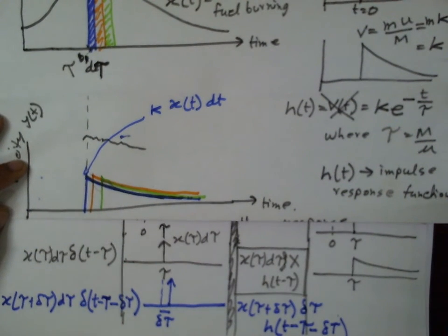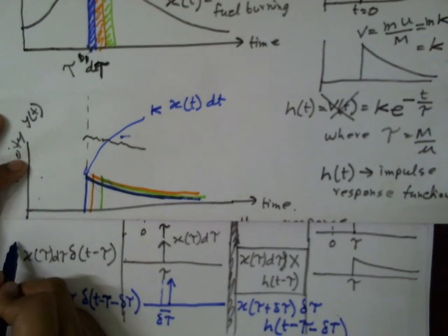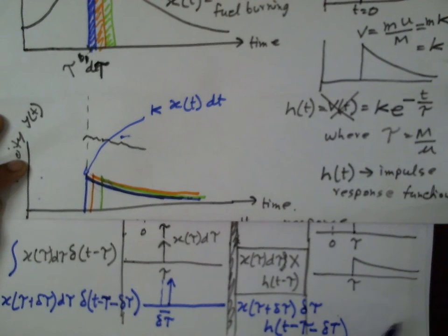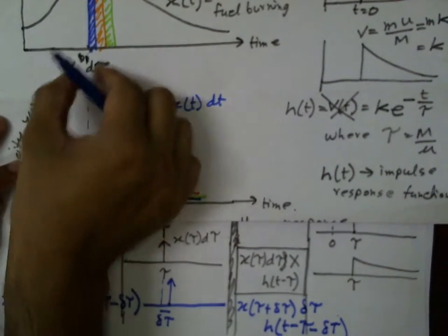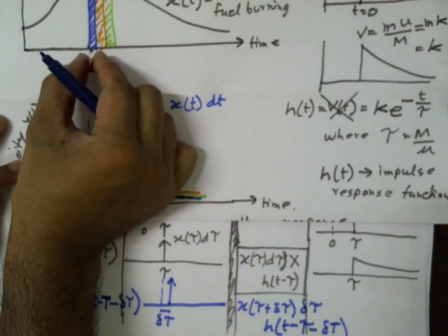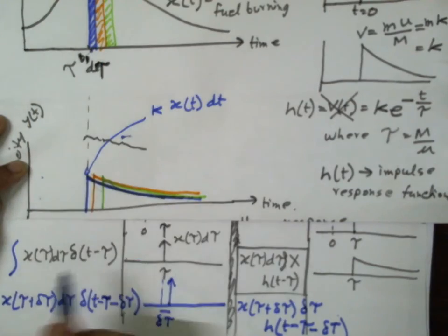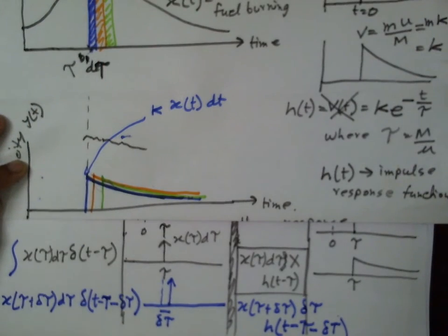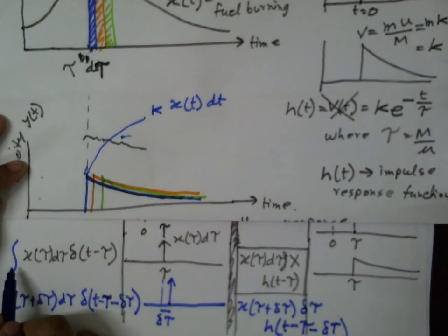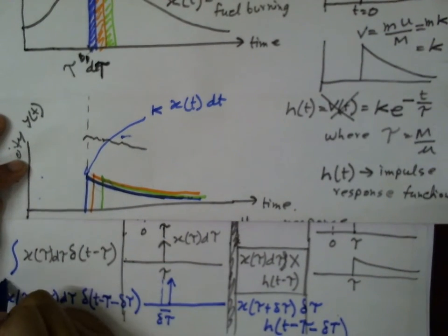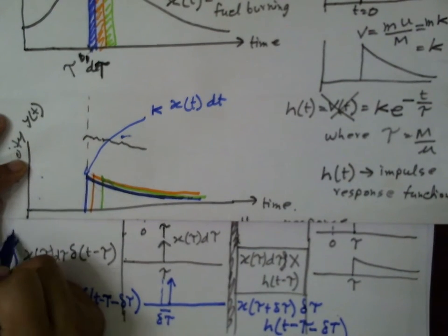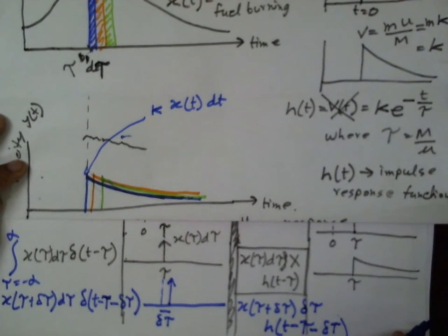Adding is equivalent to doing an integration if this dτ, the width of these individual patches, is very small. Then adding all these individual functions is equivalent to taking an integration over τ from minus infinity to plus infinity.